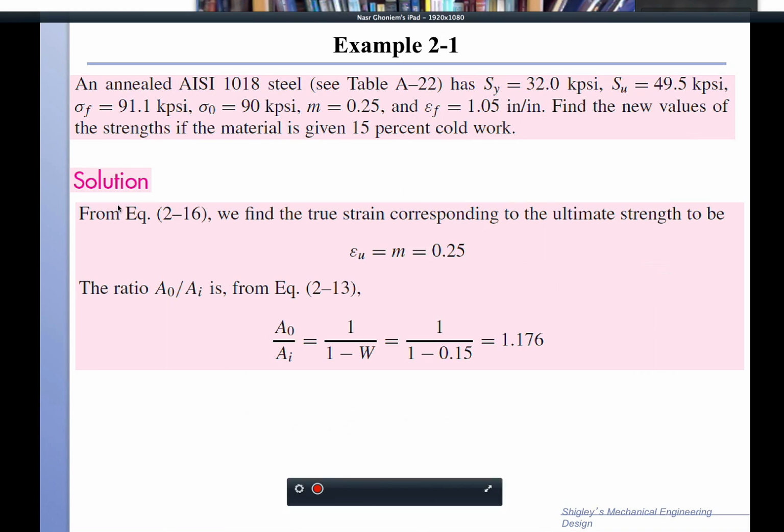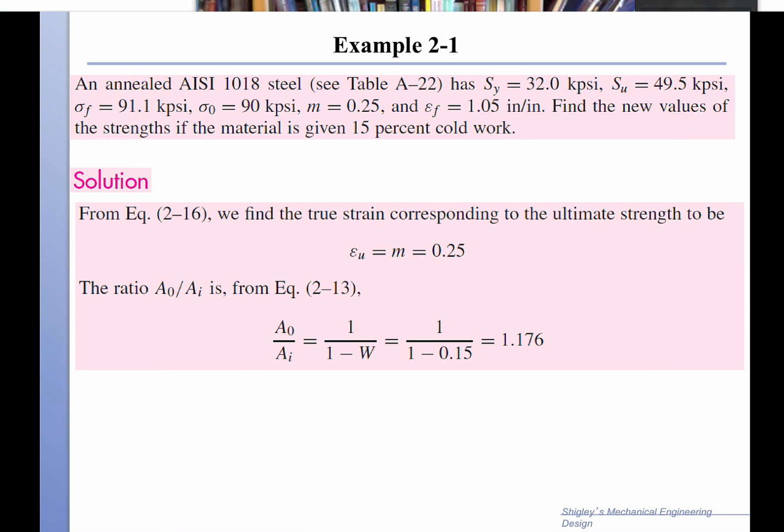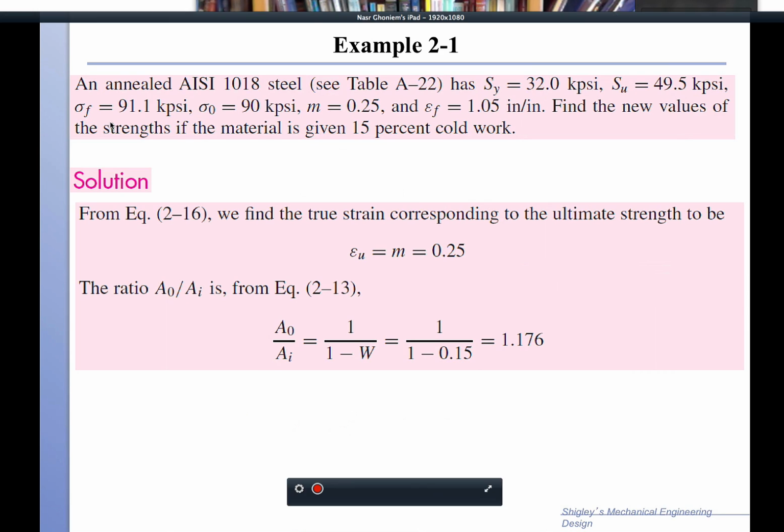So example, let's read it together. We have an annealed AISI 1018 steel, and the properties are in table A22. It has a yield strength of 32 kpsi and an ultimate strength of 49.5 kpsi, and a true stress at which you have fracture of 91.1.